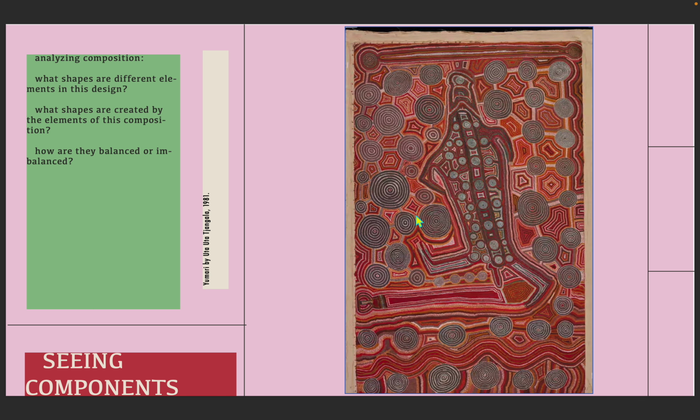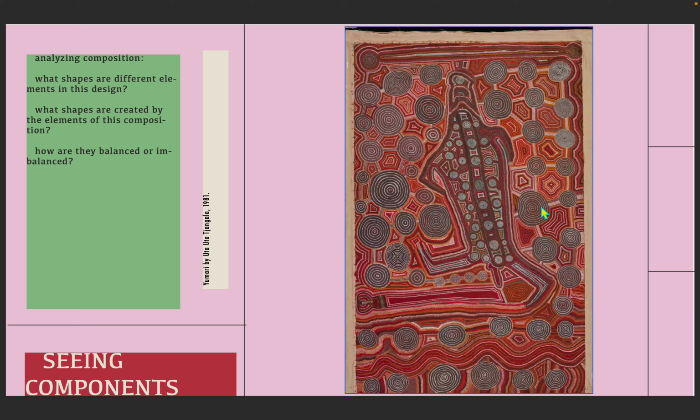And in this Australian painting from 1981, it's not as perfectly balanced, but it's entirely composed of dots, for one, going back to our basic element of composition. There are also circular shapes created in the composition, but there's not really much of a circular shape created by the composition.